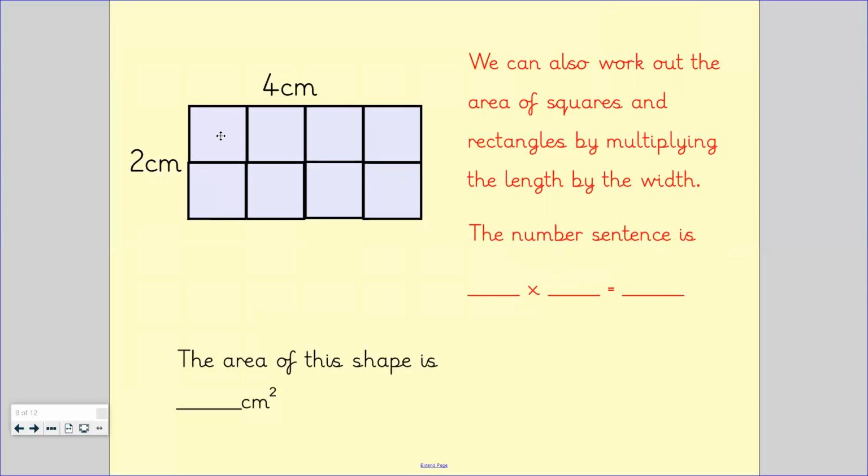Okay, 2 times 4 is 8, so that is the area of the shape. You might also notice that that actually is the number of squares inside the shape. Okay, you can count there are 8 squares, because you can see there's 2 widthways and 4 lengthways. Okay, you've got 4 squares 2 times or 2 squares 4 times.